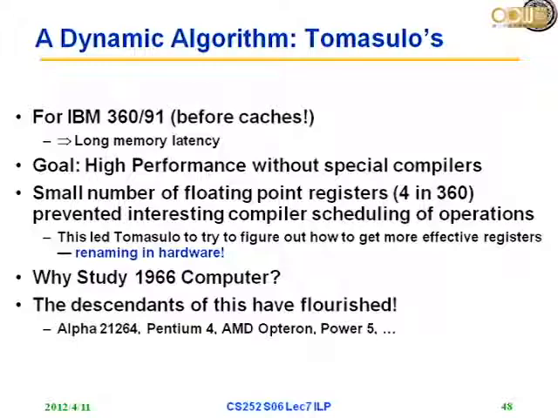Okay, so the goal is to have high performance without special compilers. All the code is already compiled. I don't want to change the executables. I simply want your hardware to take care of everything for me. Another thing is, in that machine, we have only 4 registers. Only 4 registers.